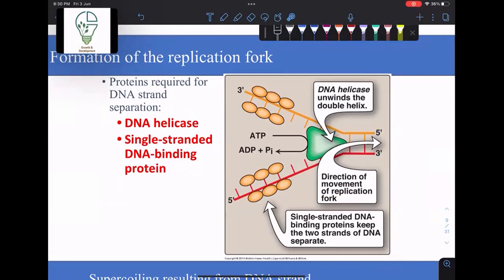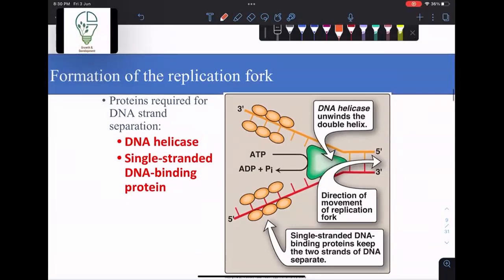So a replication fork, or the origin of replication, forms, and then this enzyme is called DNA helicase. Now, how can you remember this? You know the enzyme called lipase, right? What does it do? It breaks down lipids, right? We have something called protease.